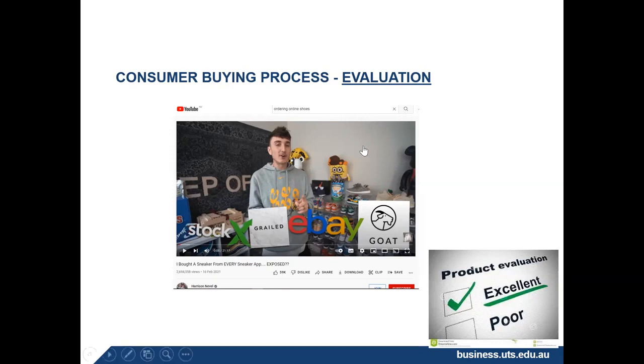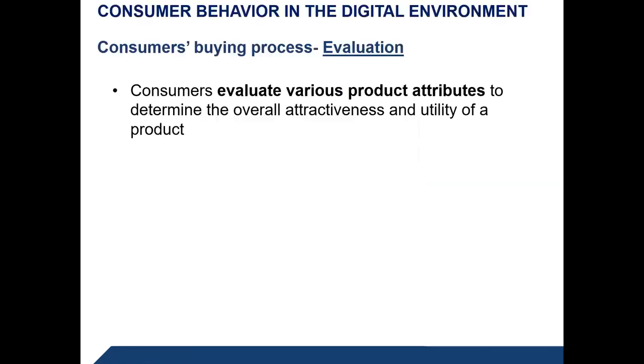This is an example of a person who talks about products on YouTube. A lot of this role in evaluation is being facilitated by influencers and consumers like you and me who are quick to make TikTok videos when they are evaluating products and just upload them, right?